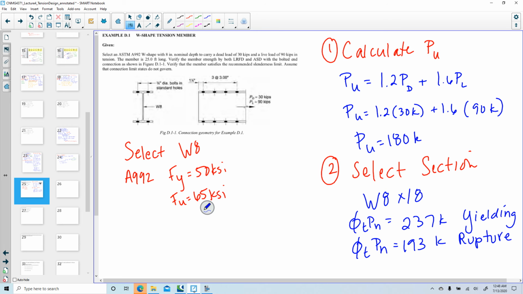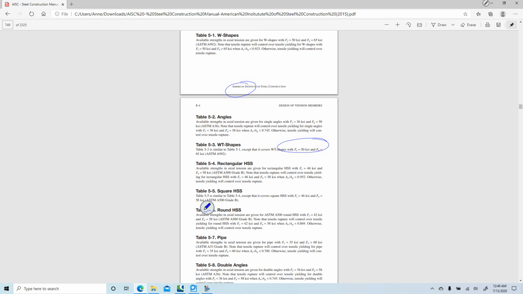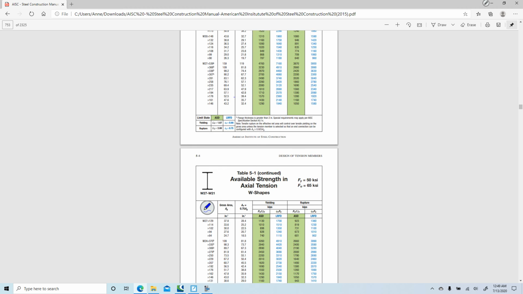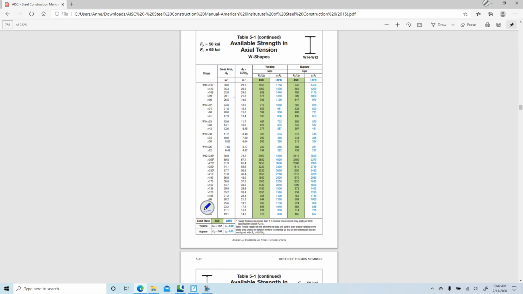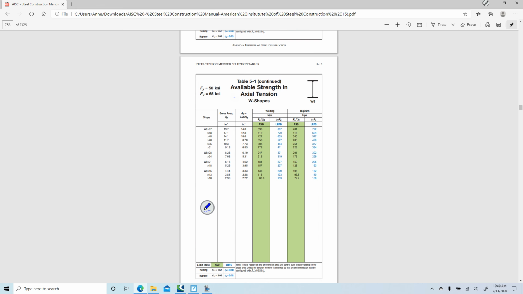So that means that actually this yielding is fine, right? I can go look up a W8 by 18, which we just had, and if I use the yielding, which we can use just to check it, it's going to be valid, right? 8 by 18.